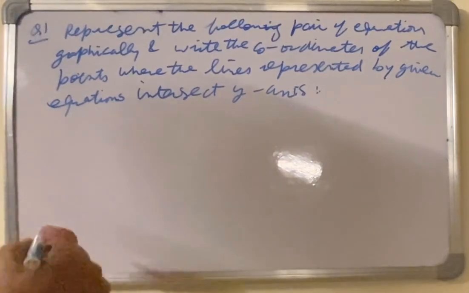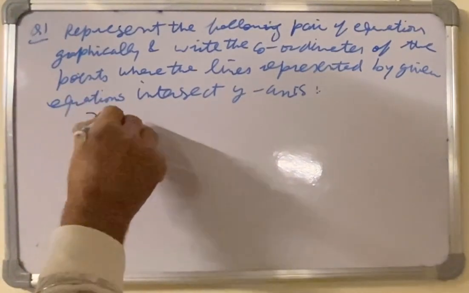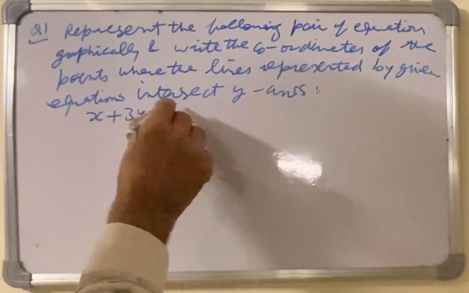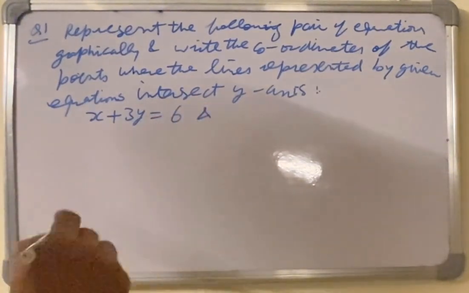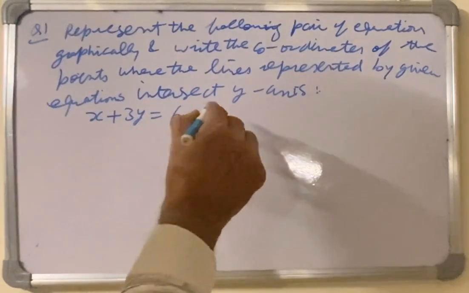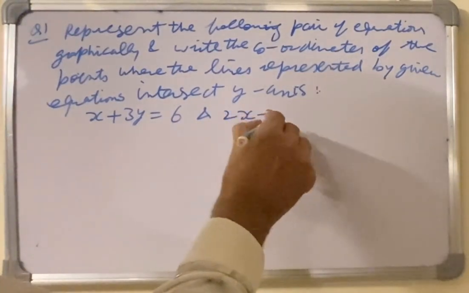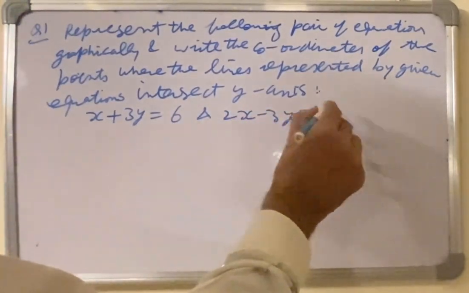Equations are x plus 3y is equal to 6 and 2x minus 3y is equal to 12.